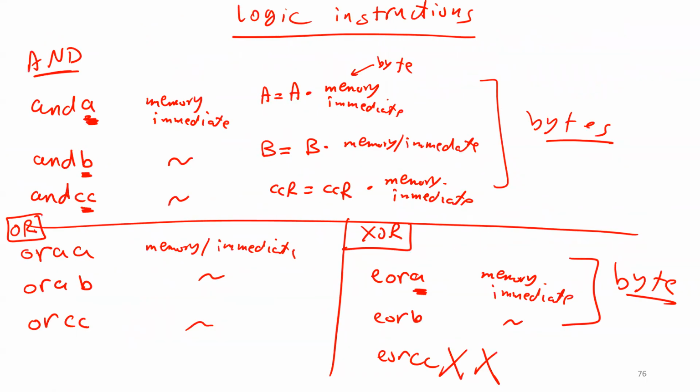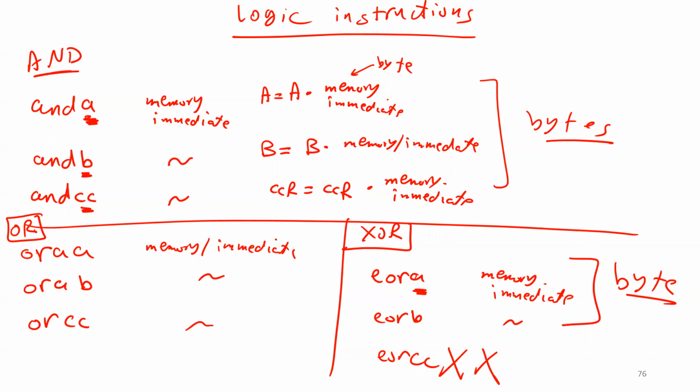We have AND A, and here you can put an immediate value or memory location. What this instruction does is a logic AND between an immediate value or a byte in memory with register A, and stores the result in register A. So you have two bytes, and bit by bit you do the AND operation.